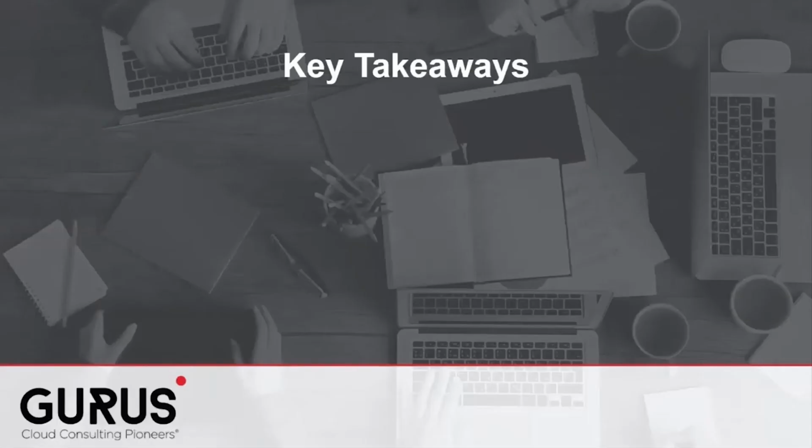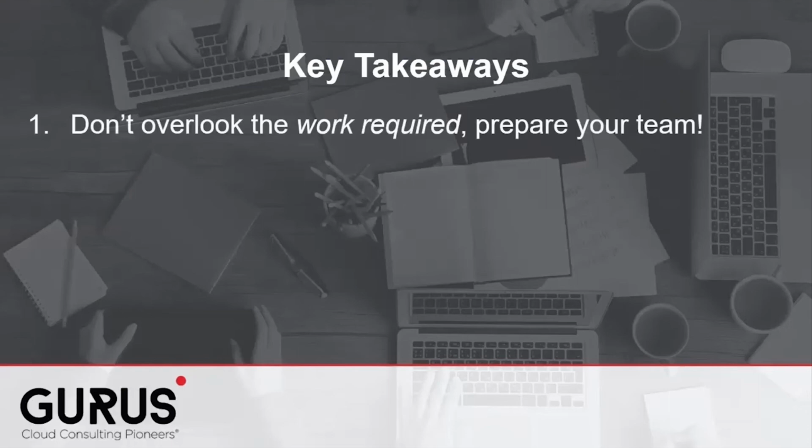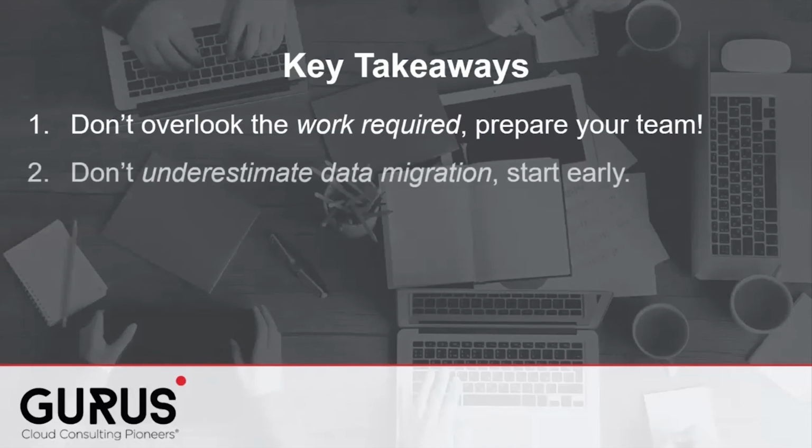Now, let's review the key takeaways from today's session. First, don't overlook the work required. Prepare your team and have a backfill strategy as your A team is involved in the project. Secondly, don't underestimate data migration. This is a large undertaking and often overlooked when considering proposals from partners.